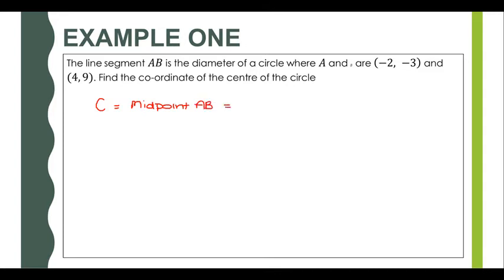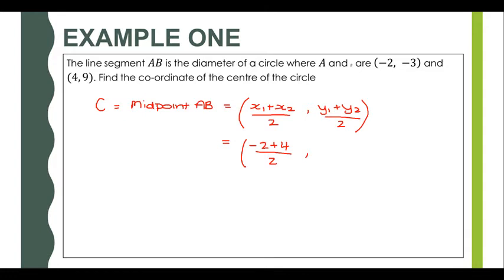which is equal to, and if we write down our formula, x1 plus x2 divided by 2, y1 plus y2 divided by 2. We can sub in what we know, so if we start off with this as our first coordinate, our first x value is -2 and our second x value is 4, so -2 plus 4 divided by 2.